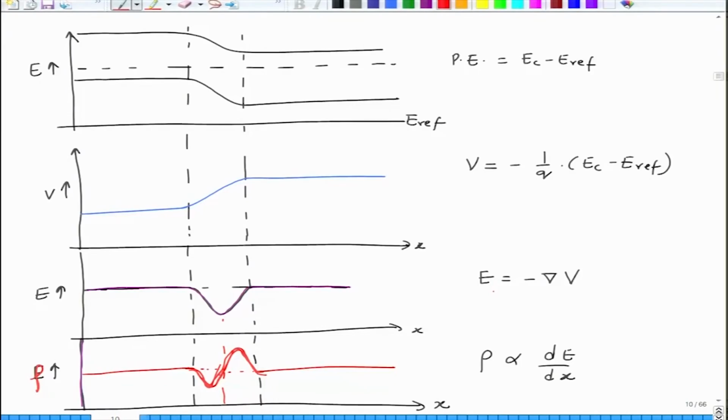Potential is minus of delta E divided by Q, or minus of E divided by Q. You have to watch out between the E for energy and E for electric field, so maybe you can write this in this fashion. The electric field is nothing but minus of del V by definition, and then charge density is proportional to the electric field gradient, dE by dx. These are the 4 definitions that you have to remember, and they tell you how to draw the potential versus distance, electric field versus distance, and charge density versus distance for a semiconductor in its band bending region.